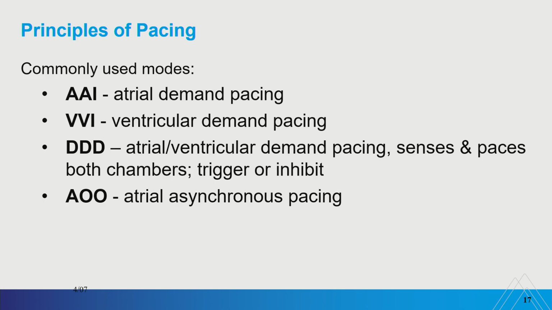But the way AAI would work is you're going to have a P wave, which it senses. It resets the primary clock. It then waits 1 second. Within that 1 second, if there is no P wave, it will pace atrially. That will reset the primary clock.